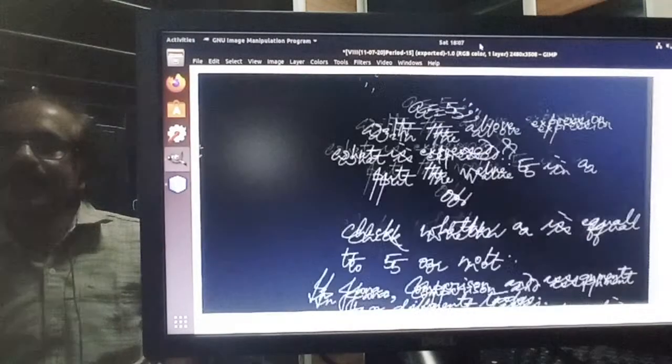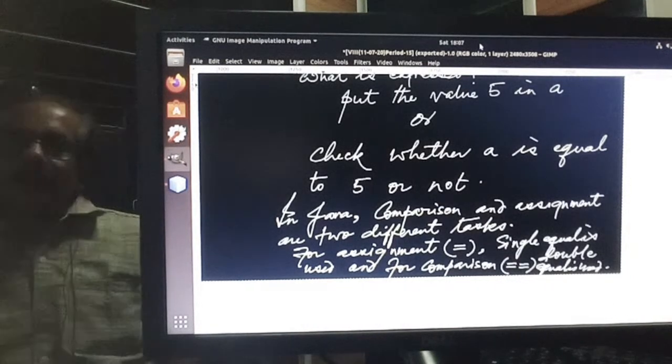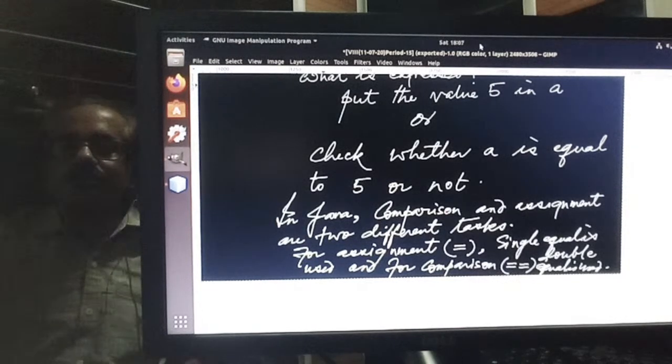Single equal and double equal: single equal is used for assignment and double equal is used for comparison.